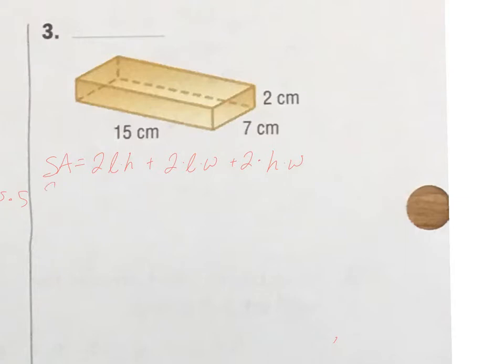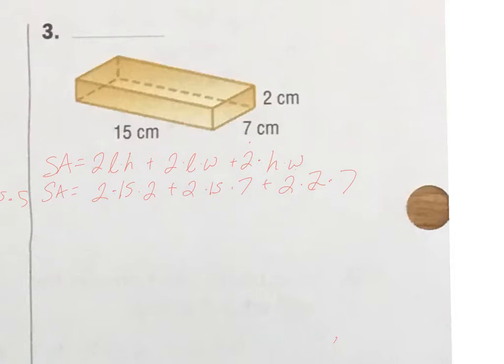So we have surface area equals 2 times 15 times 2 plus 2 times 15 times 7 plus 2 times, well, that's actually the height is 2, times the width is 7.